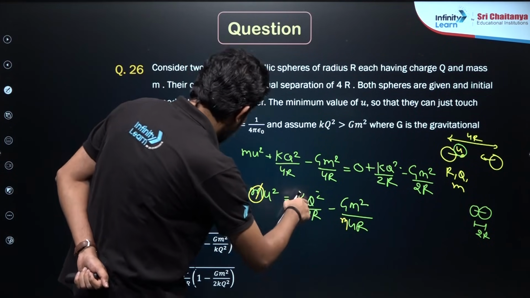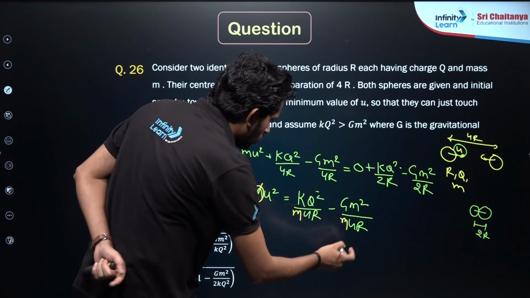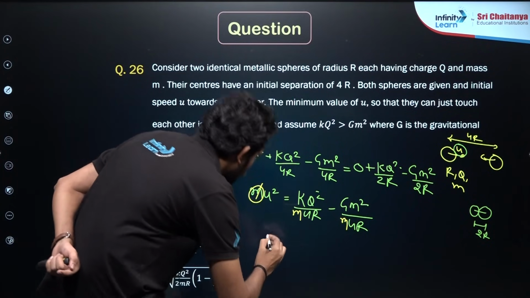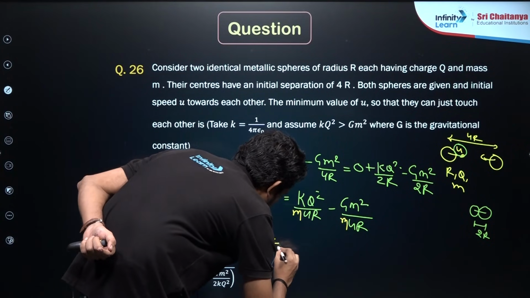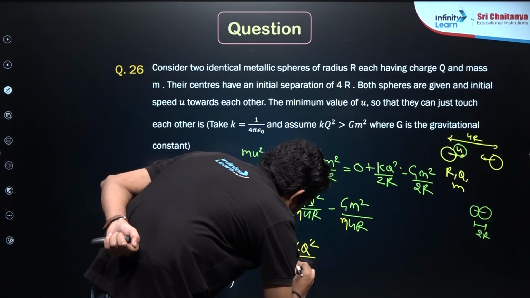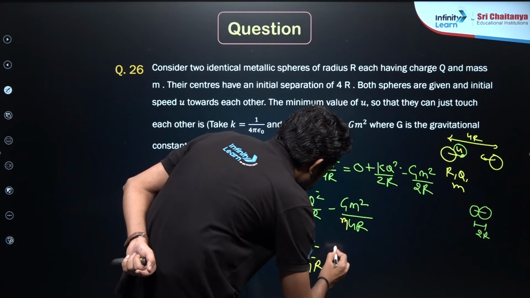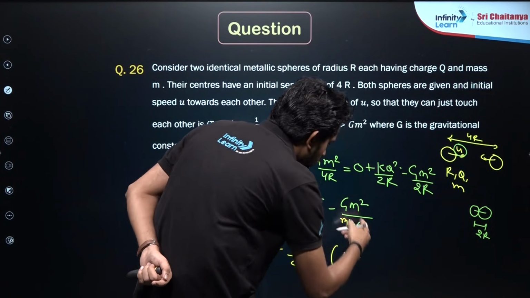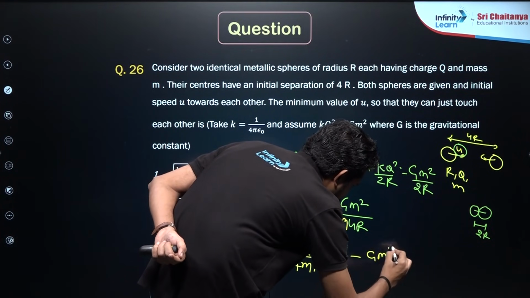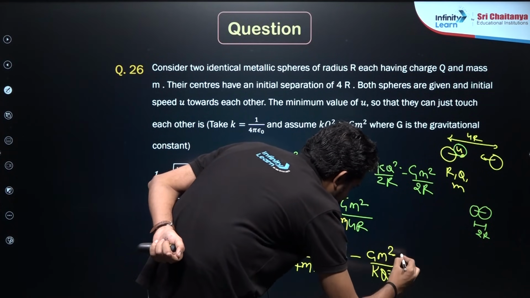Then take common kq square by 4mr. So u square is kq square by 4mr times, here we have 1, and here we have Gm square upon kq square. Yes or no? Simple thing.